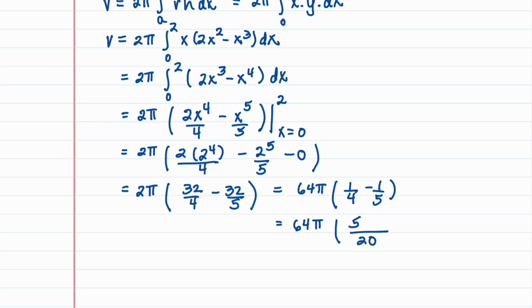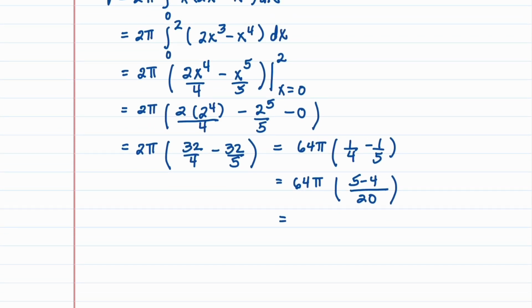And then we get 5 minus 4 on top. So this is 64 pi over 20. And each number is divisible by 4. So this gives us an answer of 16 pi over 5. Our volume then is equal to 16 pi over 5.